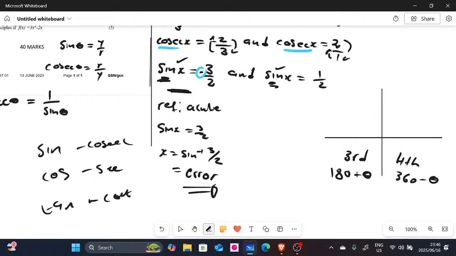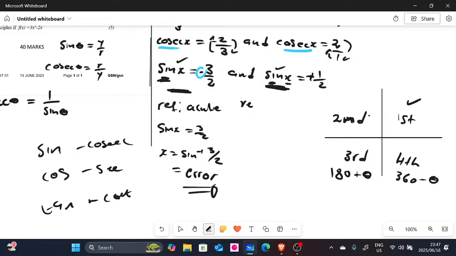Now we come to this one here. So look at the answer there. Our half is positive. Do you guys see? It means now we need to find x where sine is positive. So sine is positive on the first quadrant and also on the second quadrant. Meaning our reference angle here is gonna be the angle that belongs in the first quadrant.